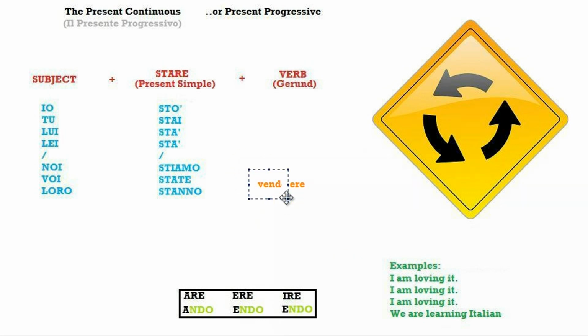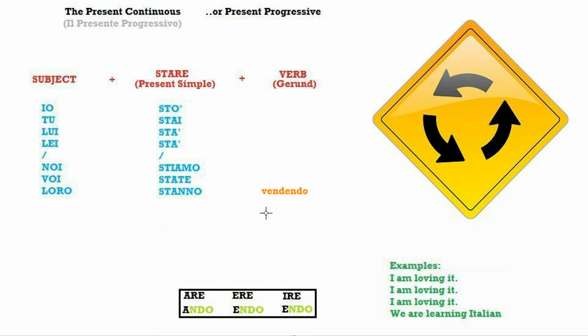So we take the stem, we place it in front of here, and we have the gerund form of the verb. Vendendo. So we pick the right pronouns with the right conjugation, and then we add the gerund form that never changes. Vendendo. So this is how you say they are selling.